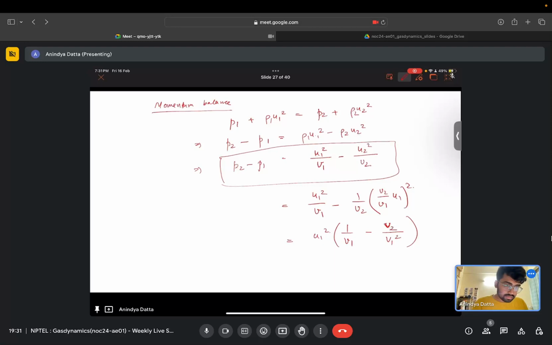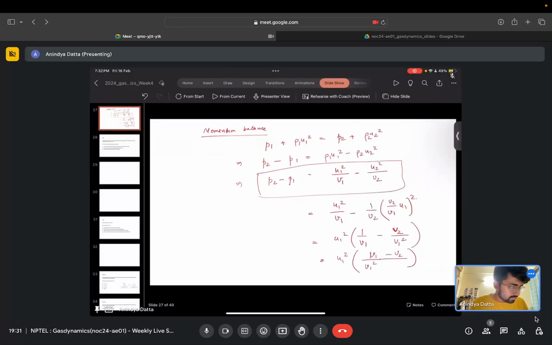Is it right? Now we can do this: 1 by v1 square, this will be v1 minus v2, making the denominator v1 square.